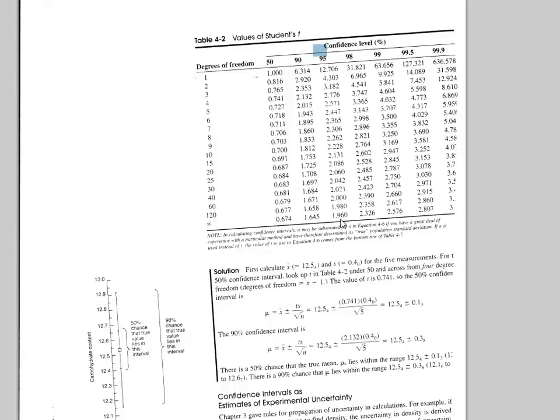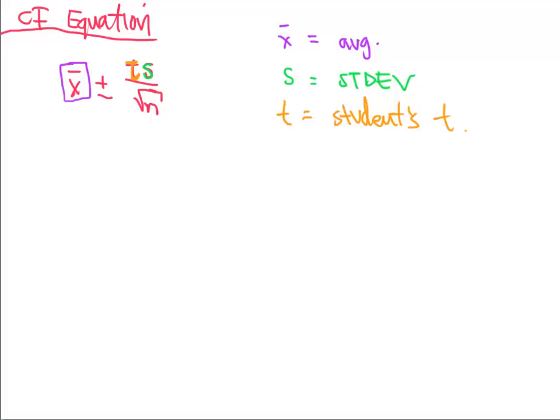Remember, if it doesn't tell you the confidence limit, you automatically go to the 95. If it says the 99% confidence level, I go to the 99% column, and these are the numbers I begin to use. Notice as you go down, the numbers get smaller and smaller. The larger ones are always up at the very top. So that's the student t. That is the t variable. It is nothing that you calculate. It's something that you find from the table and plug into the equation.